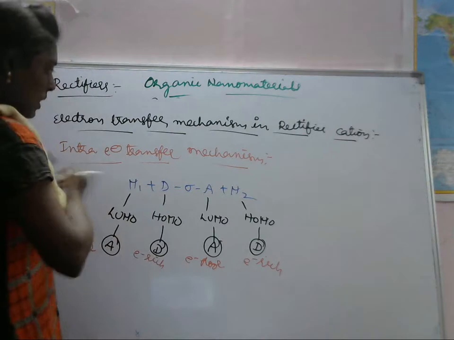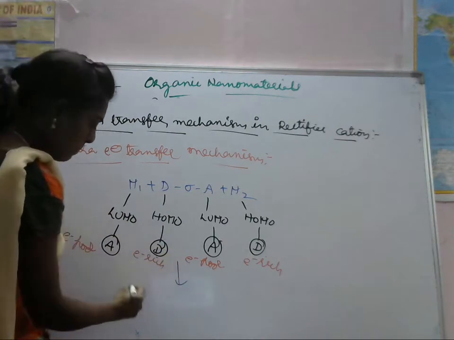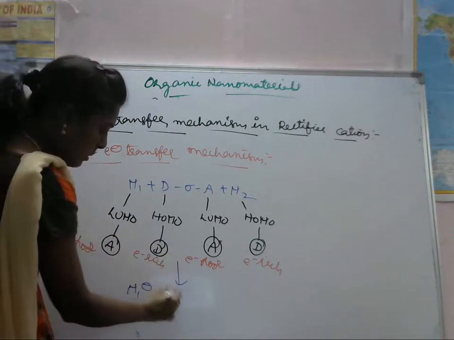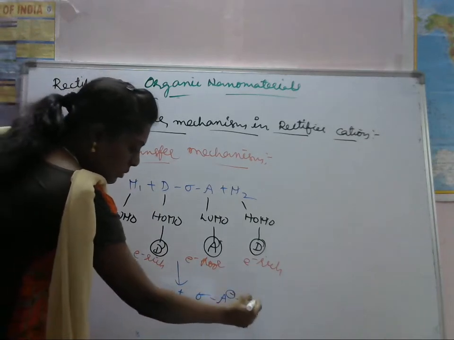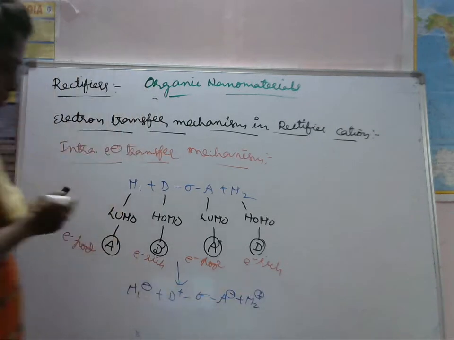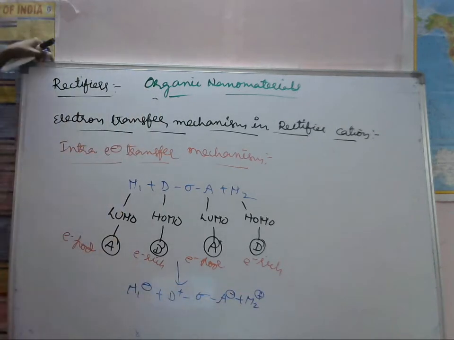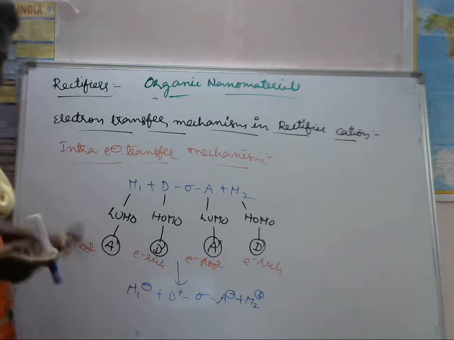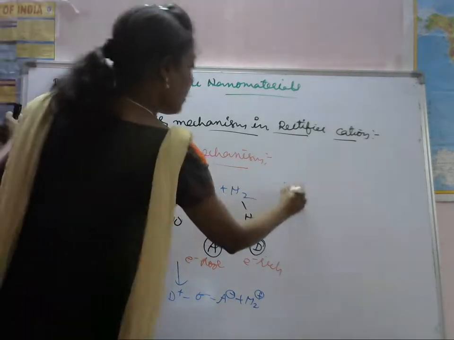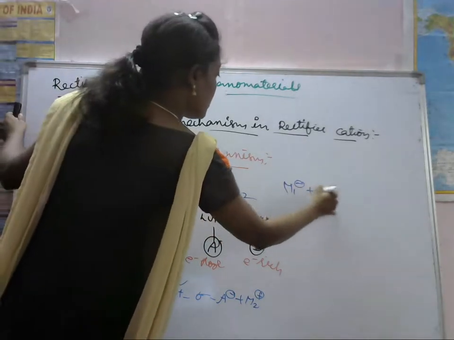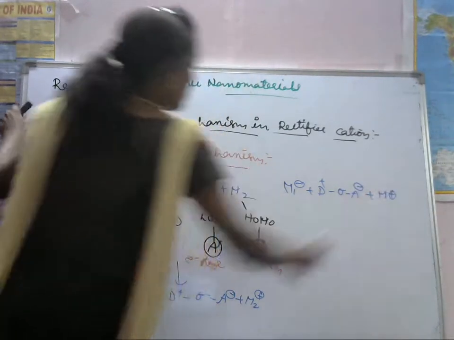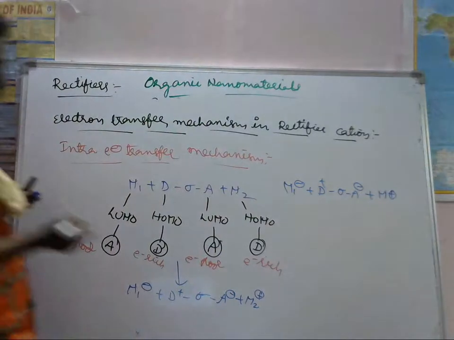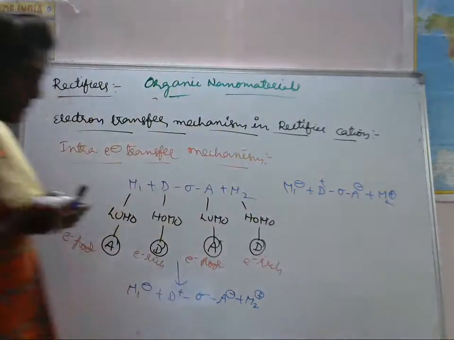If it will give, M1 minus plus D plus sigma A minus plus M2 plus. Let's see another. Here M1 minus plus D plus sigma A minus plus M2 plus will be there. Right, here M2 plus will be there.